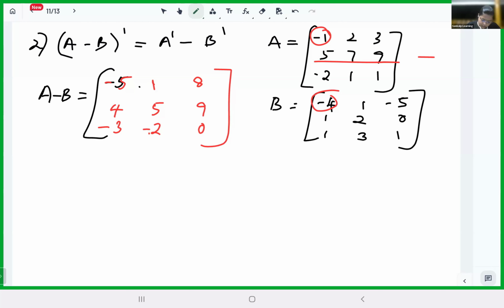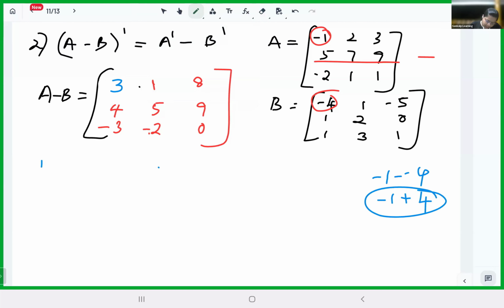So this one is actually wrong. It is not minus 5. It is minus 1 plus 4, this value is 3. So it is 318. Then second row is 459 and the third row is minus 3 minus 2 0.